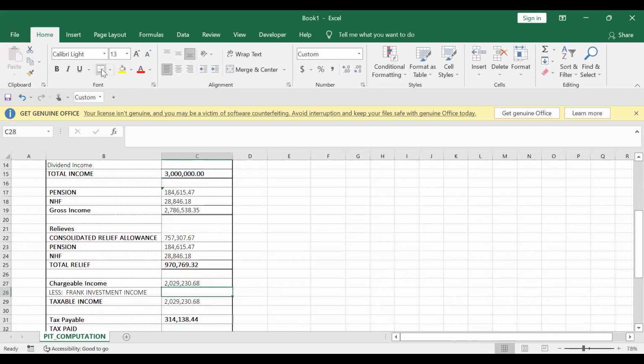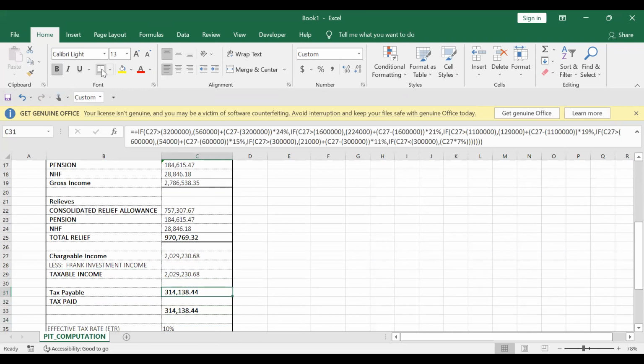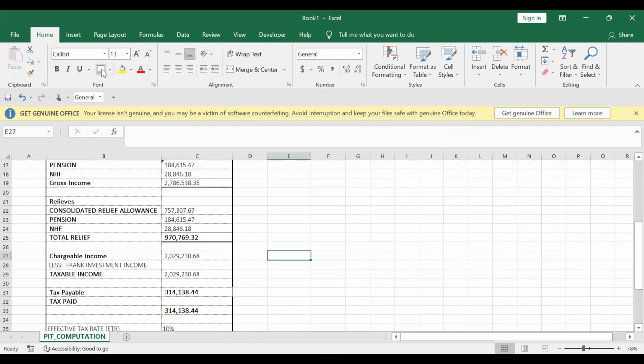So it is based on this that you will then estimate your tax payables. If you had a franked investment income, you would have deducted it. So your taxable income is the same thing as your chargeable income in this instance. So we have also used a program to actually calculate this, but we want to put it to test.